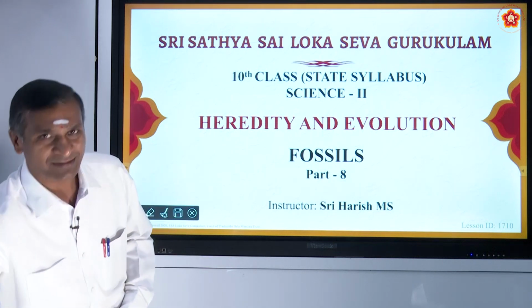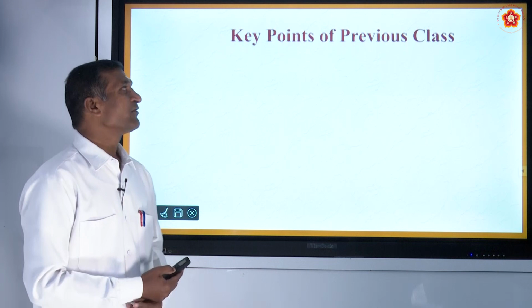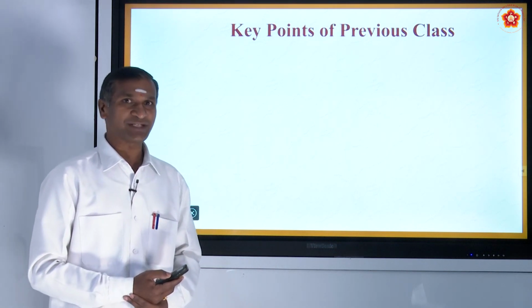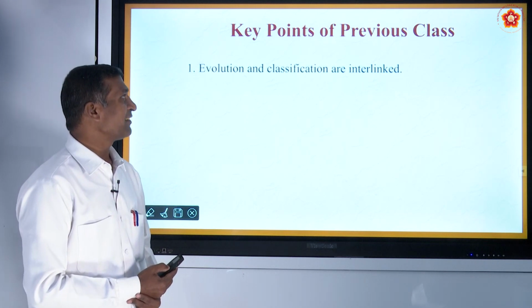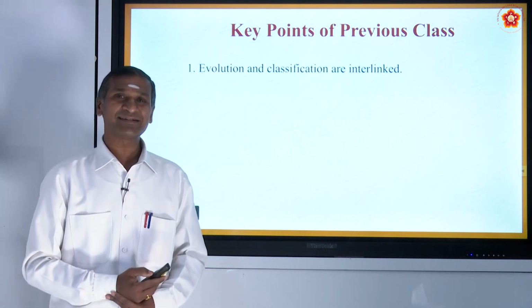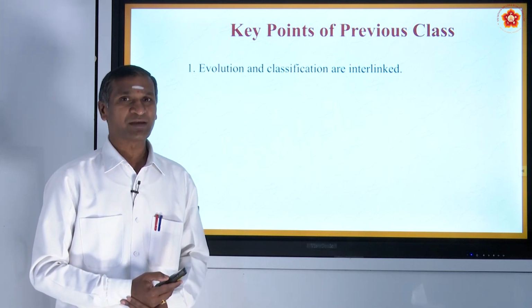In our previous class, we came to know that the evidences for evolution are interlinked, where evolution and classification are interlinked together.